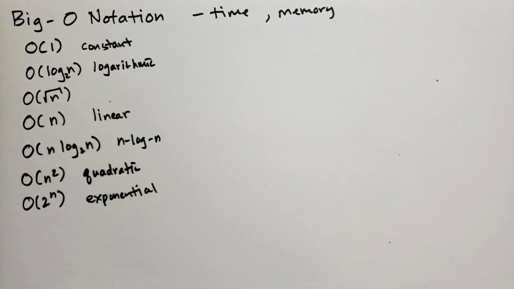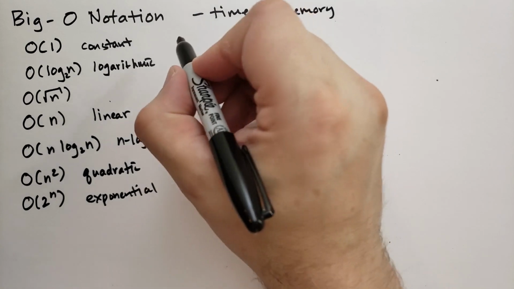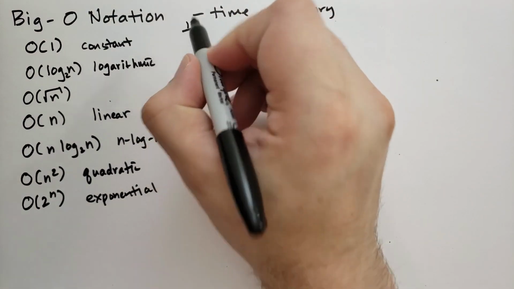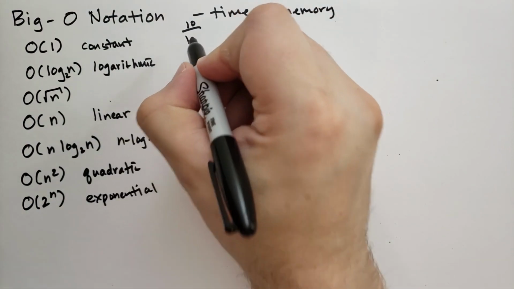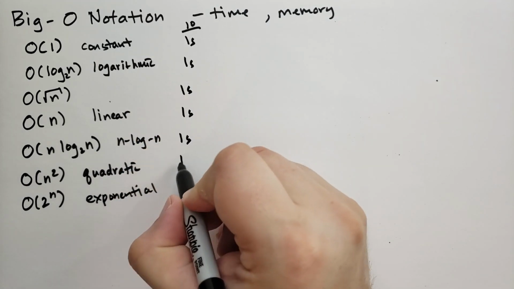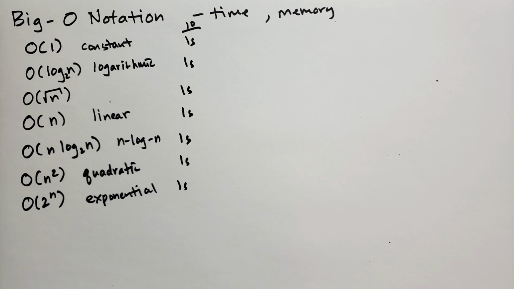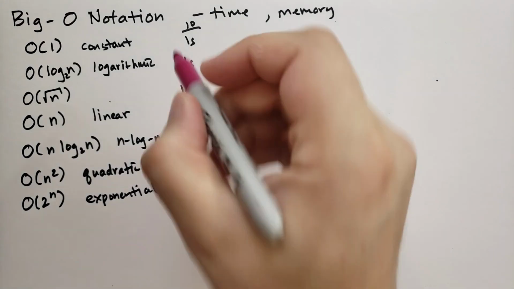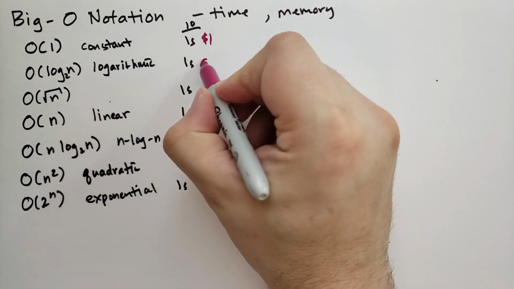I'm going to build a little chart here. As a baseline, I'm going to suppose that we have 10 items and it takes 1 second to run these algorithms. So each of these algorithms takes 1 second. Or if we're talking about memory, it takes $1 of memory to run the algorithm.